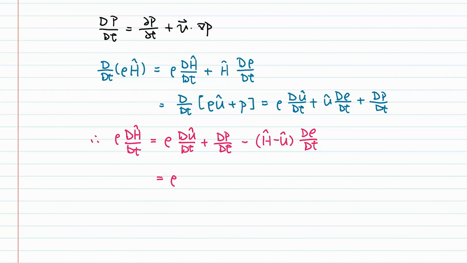To rho DU/Dt plus DP/Dt minus P over rho times partial rho partial t plus v dot gradient of rho.